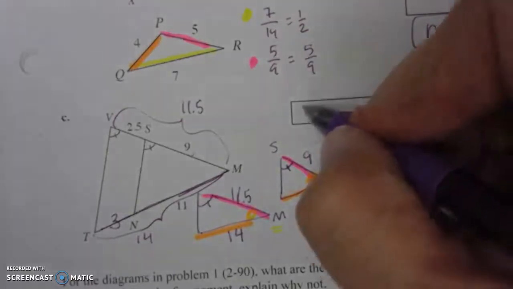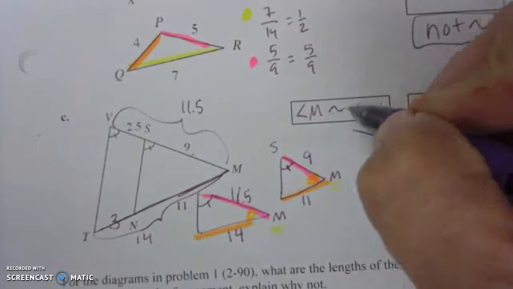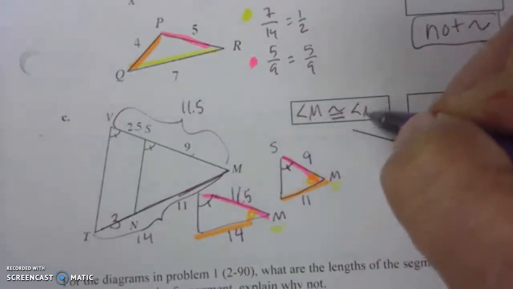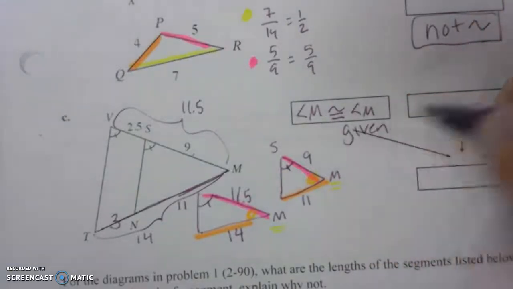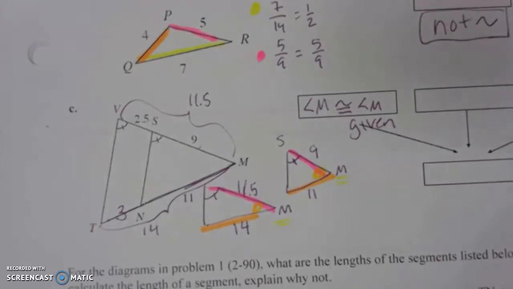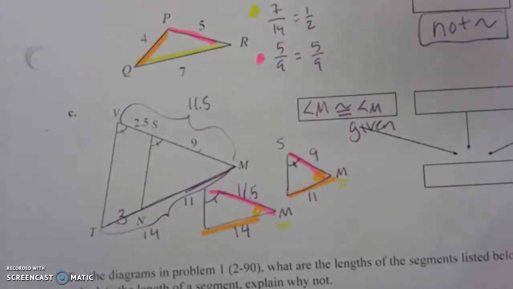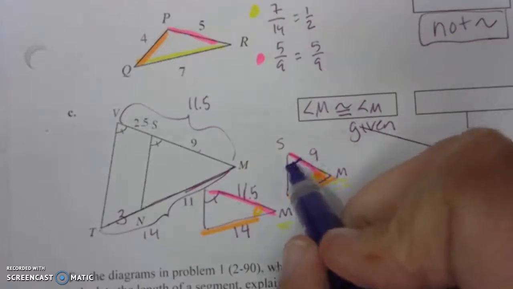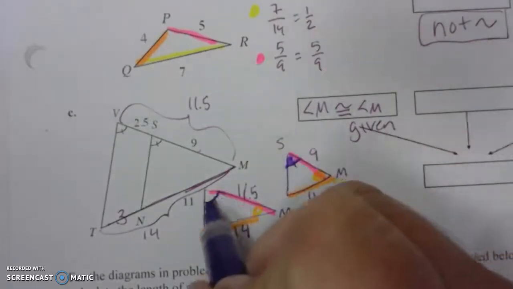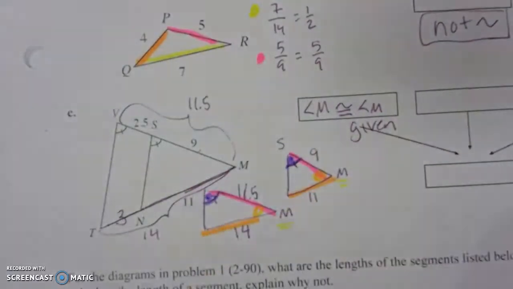So angle M is congruent to angle M, and that's given. Then what else do we have? Oh, look, we have that this angle here is congruent to this angle here, angle S and angle V.